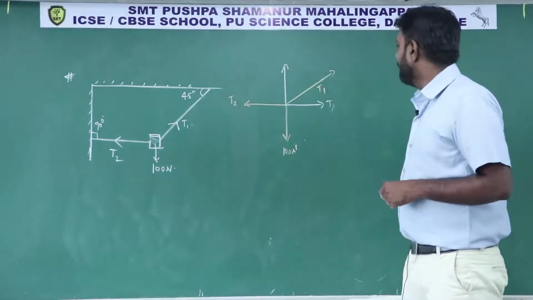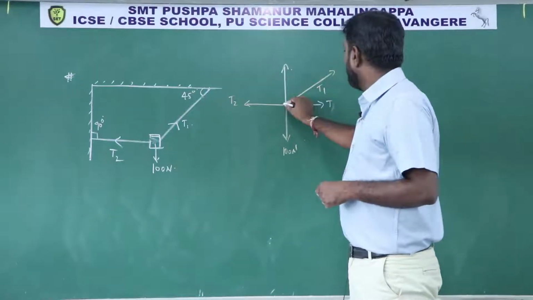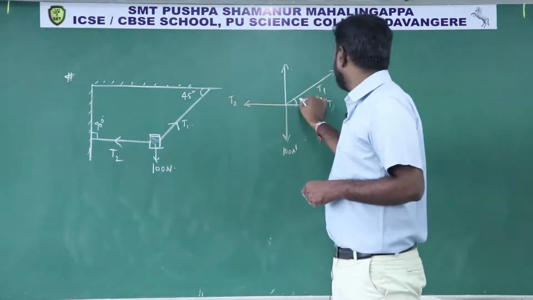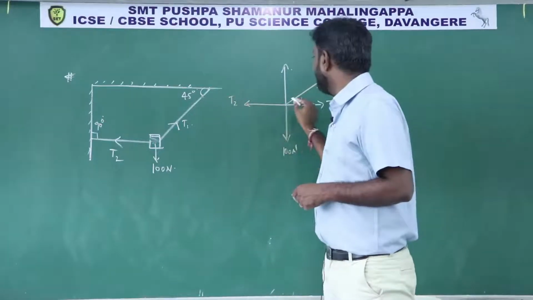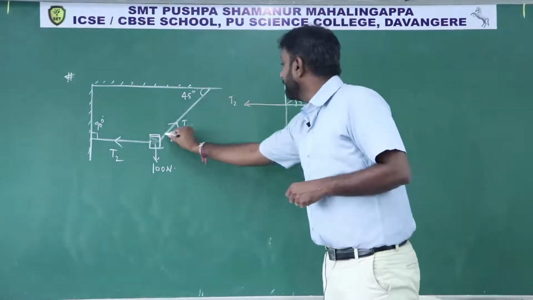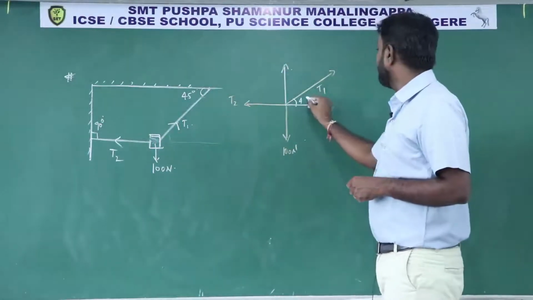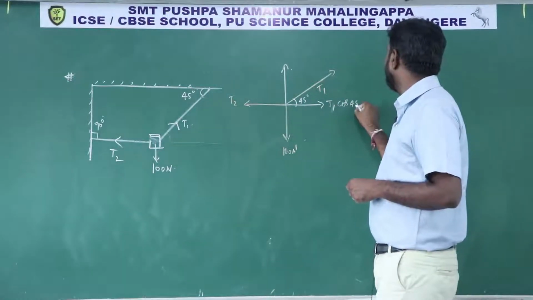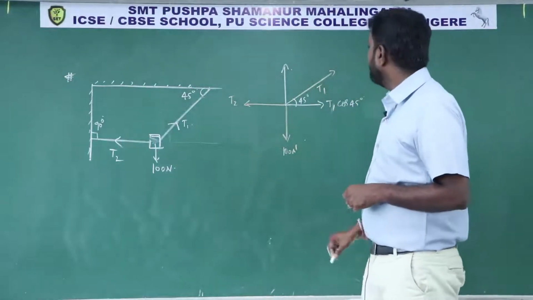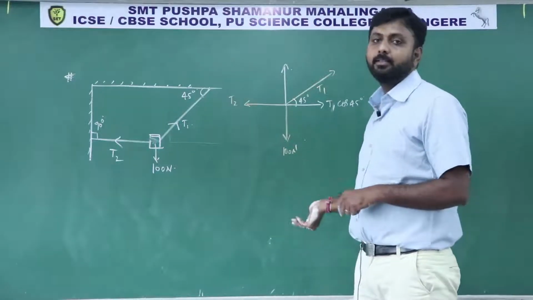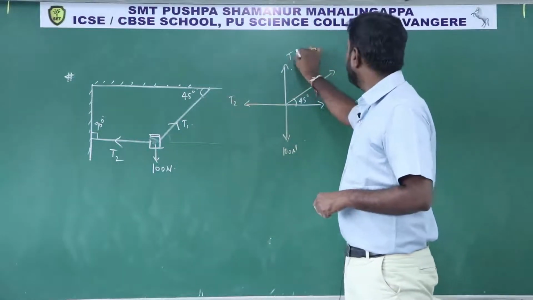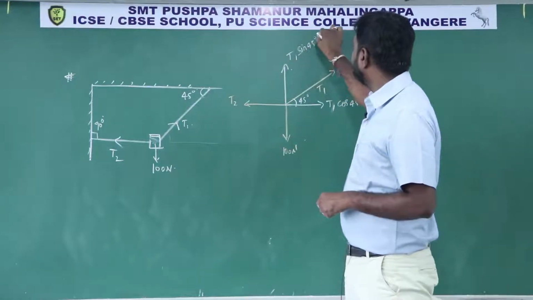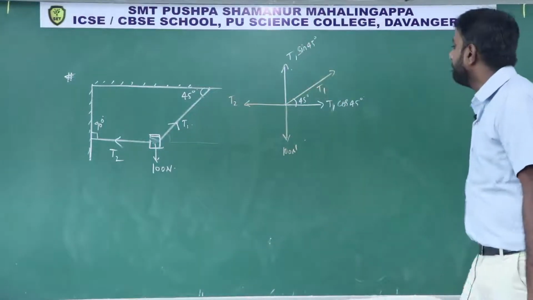This angle is 45, so definitely this angle also will become 45. Then you can consider this as T1 cos 45, and the opposite component T1 sin 45, isn't it?